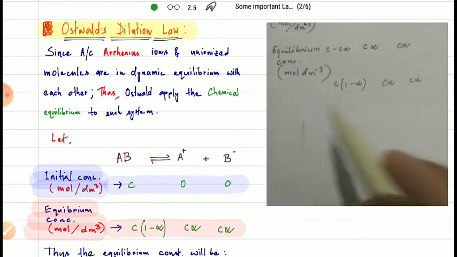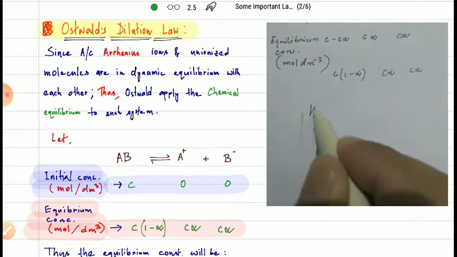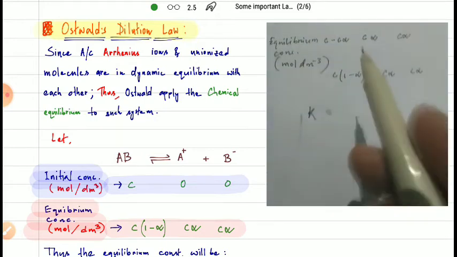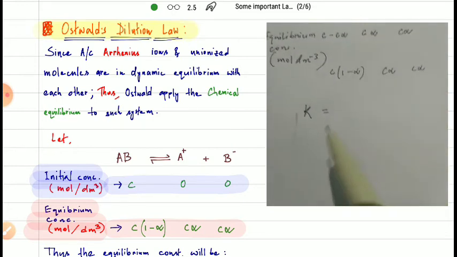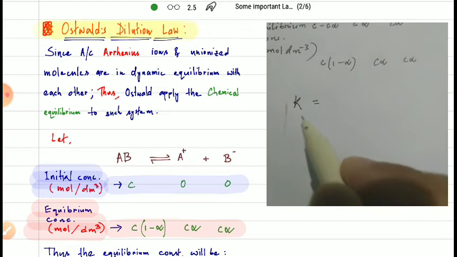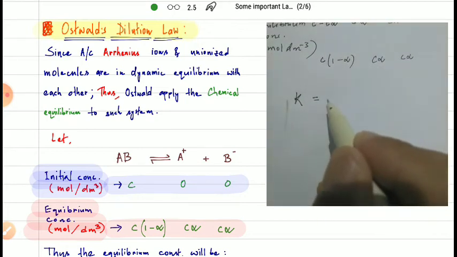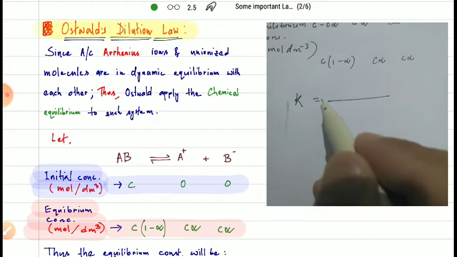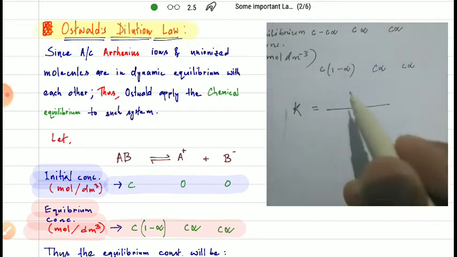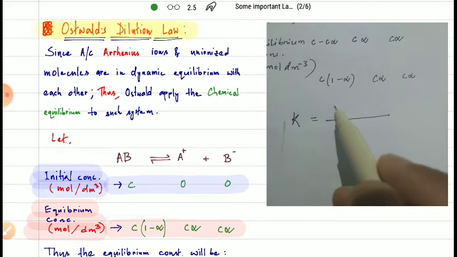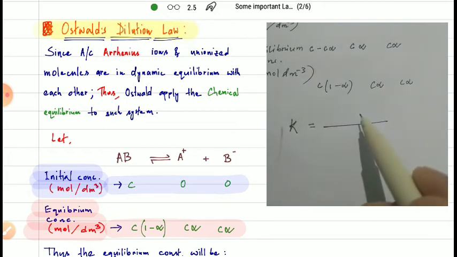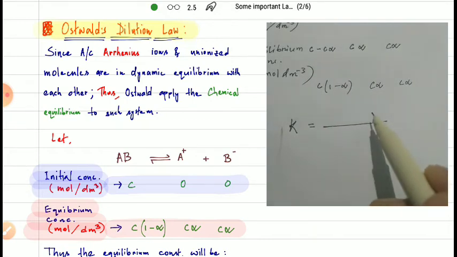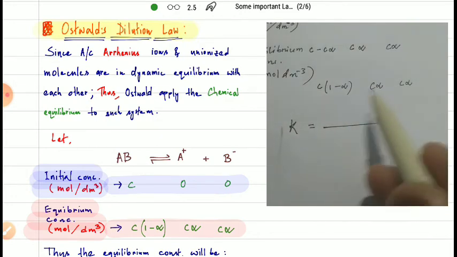Here we know that K is equal to, so this is an equilibrium, no? This is a reversible reaction. For the reversible reaction we can write the equilibrium constant, which is defined as the multiplication of the concentrations of the products, active masses actually, but here you can replace active mass by concentration.